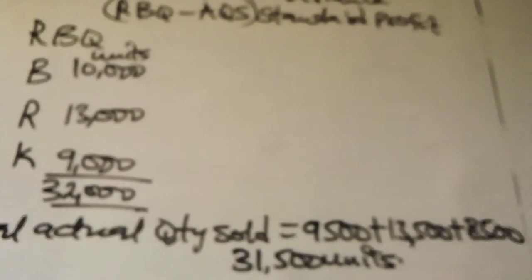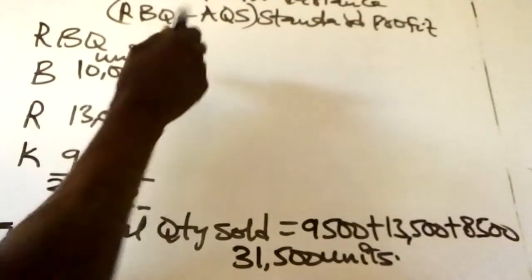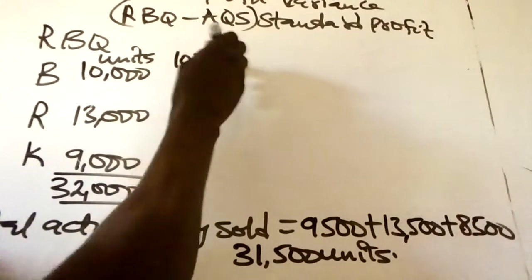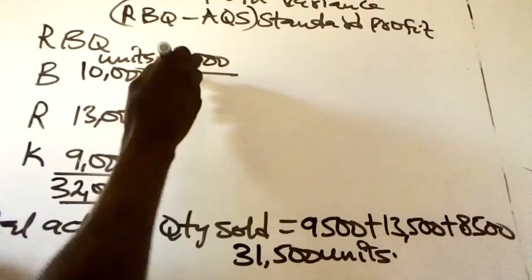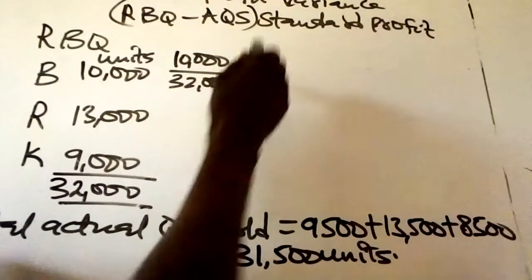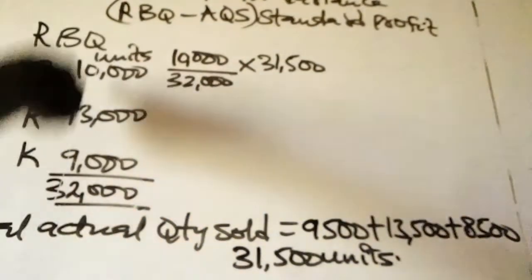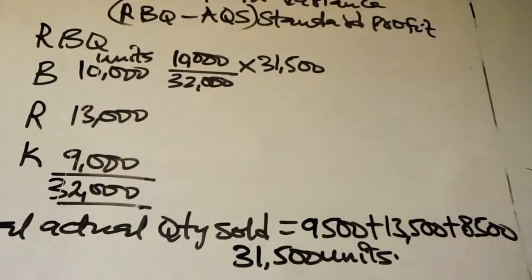Now, you are going to apportion that 31,500 on the basis of this proportion to get your revised budgeted quantity. For B, you have 10,000 out of the total of 32,000 times the total actual quantity, which is 31,500. Don't forget, these are the budget we sum up here.